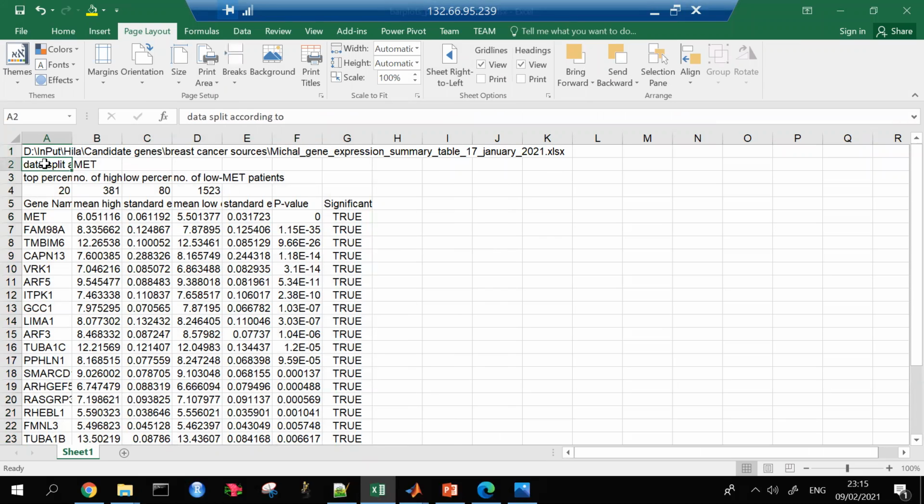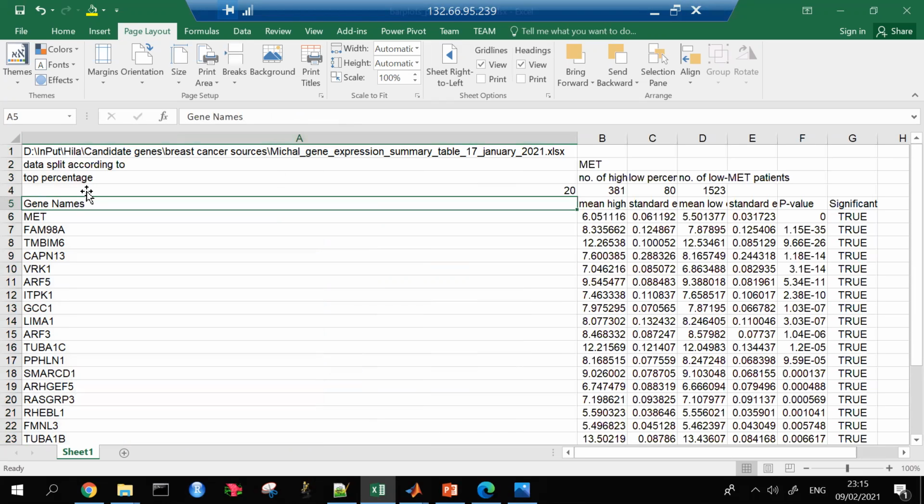The data was split according to MET. The high percentage was 20, and the number of patients in this group was 381. If you take 80% of the patients, you have 1,523 patients. So here you see gene names.